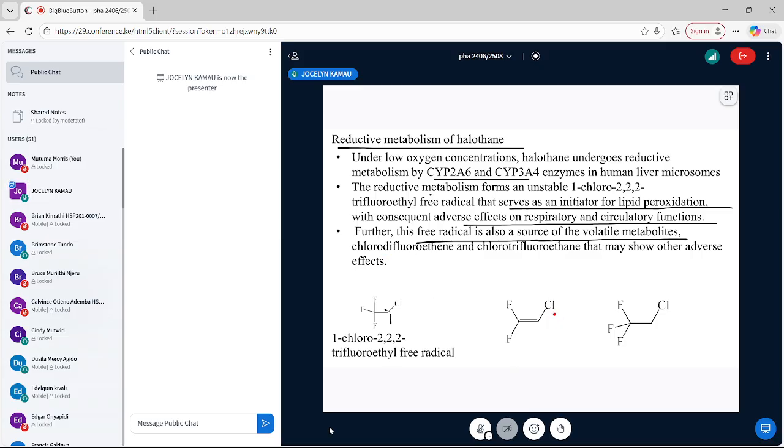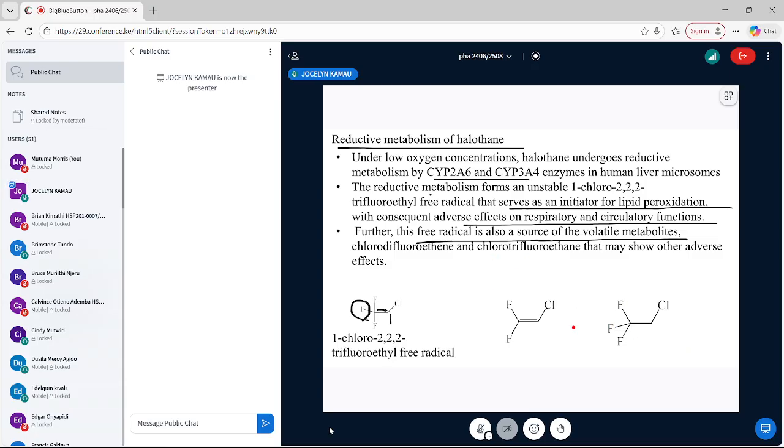So you look at this, this is chloro, difluoro, this is difluoroethene. So all that has happened, you have lost one of the fluorines, and that electron that is left behind couples with that free radical to give us a double bond, to give us the volatile metabolite chloro-difluoroethene, or it can also give us a chloro-trifluoroethane.